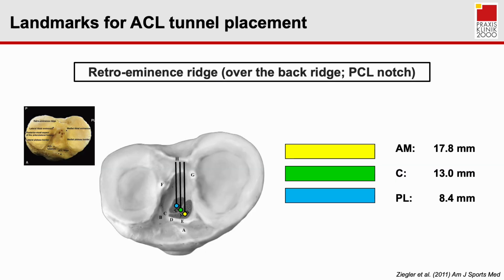Another bony ridge is the retroeminence ridge, also known as the over-the-back ridge or PCL notch. This ridge is located just anterior to the tibial PCL attachment, and the center of the ACL footprint is located 13 mm anterior to this ridge.